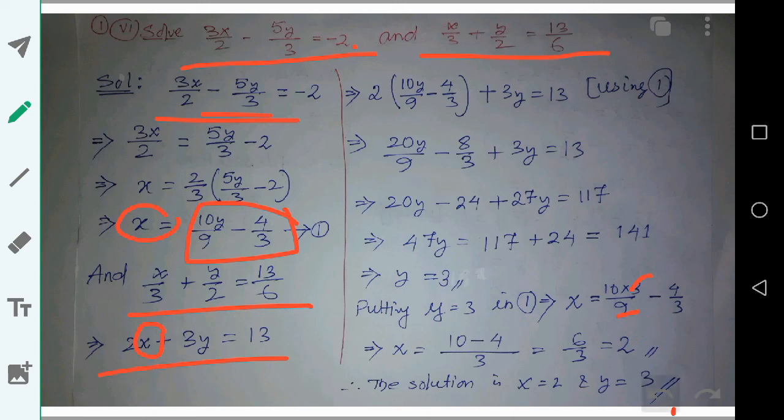The LCM of 3 and 3 is 3, and here 10 minus 4 is left. This is simple calculation which gives 6 by 3 is equal to 2. Therefore the required solution is x is equal to 2 and y is equal to 3.